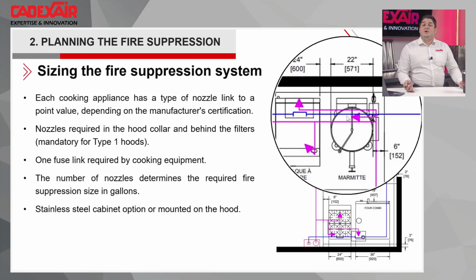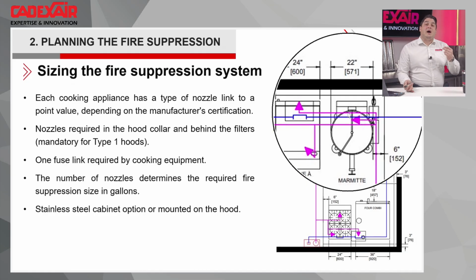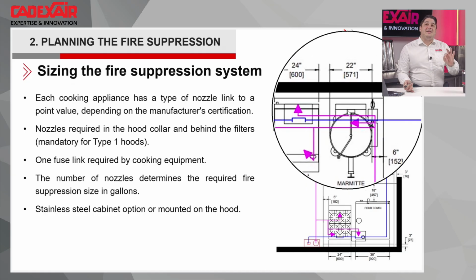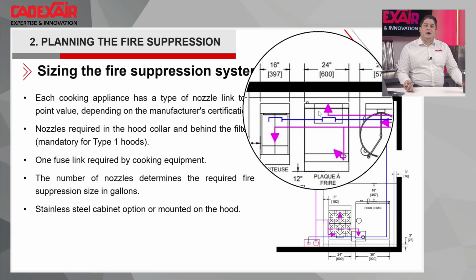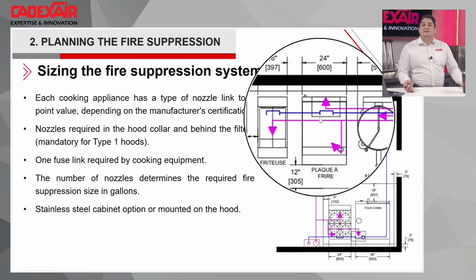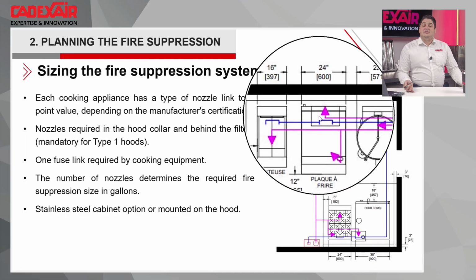In that case, if we look at the kettle, we don't have any fusible link because we don't have to put any sprinkler over it. This one is in the duct collar, but it's also shared with the griddle. So it's the same one.